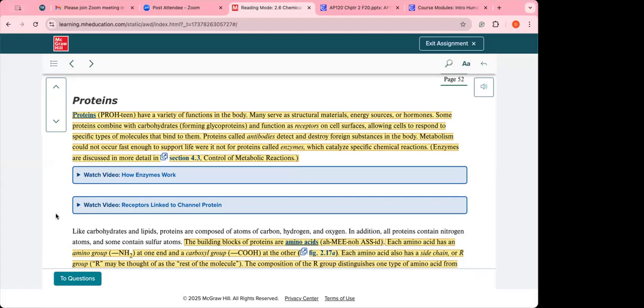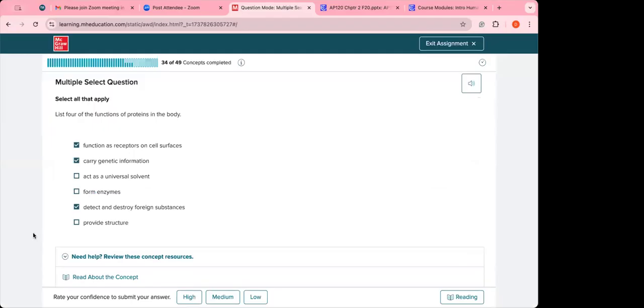Enzymes are discussed in more detail. So, okay, so let's see. So they function as receptors.